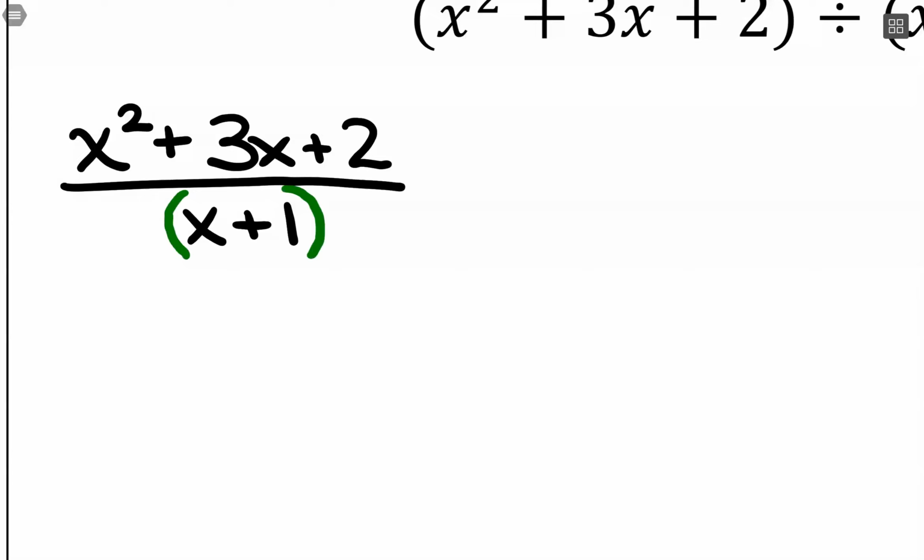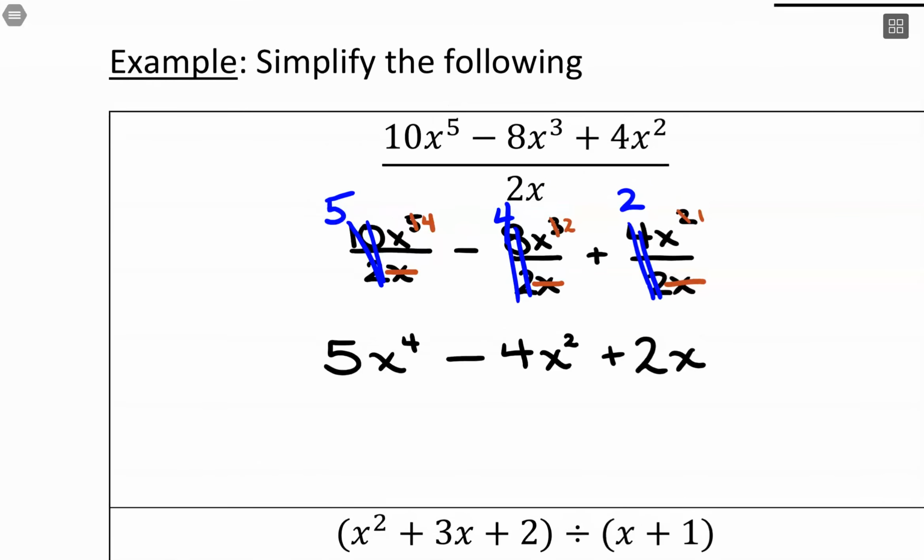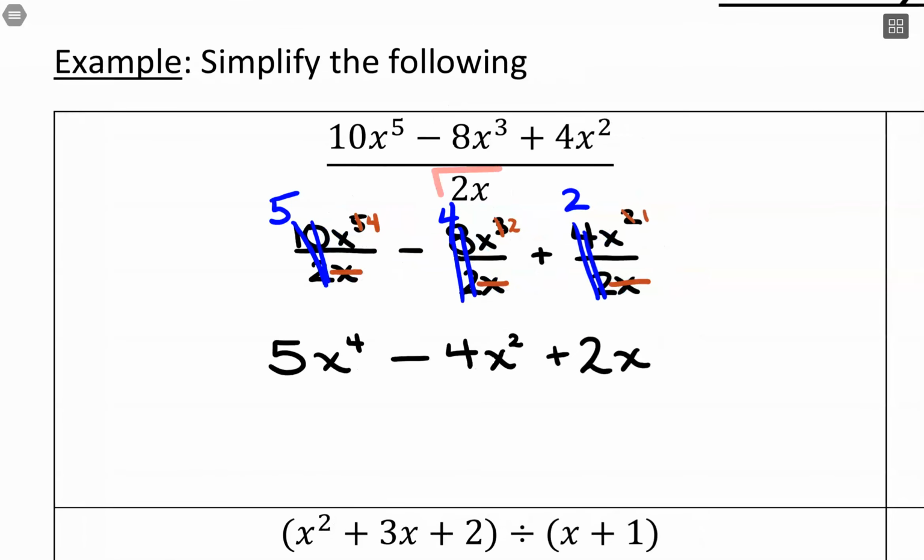So what I mean by that is that we can't start canceling out x values because it's grouped together with that plus 1. How this differs from the examples we just looked at is that in the denominator, there wasn't any addition or subtraction in these cases. It was just a bunch of multiplication, and with that, there's a lot more freedom.